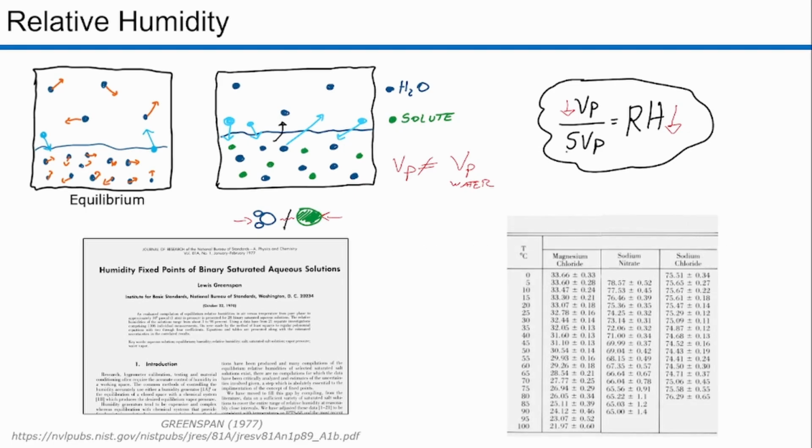It is the equivalent of the equilibrium saturation vapor pressure, but not for water, but for the solution. So in this case we have sodium chloride here, and we can see that in the usual temperature range, at least for the place where I live, it's around 75%.